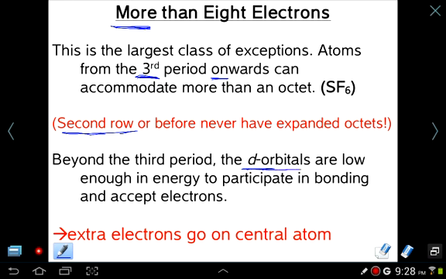Only beginning with the third row, because the third energy level has a 3d subshell containing 3d orbitals where electrons can actually go into. So because of the possibility to use the 3d subshell, third period elements are able to do this sort of thing. And the extra electrons always go on the central atom. This is important, on the central atom.